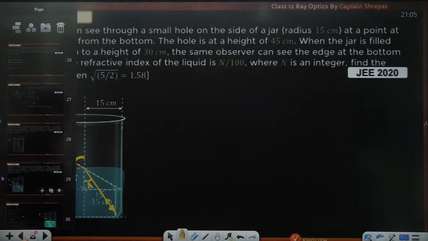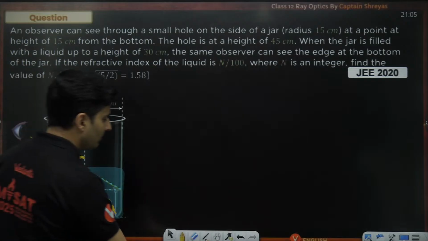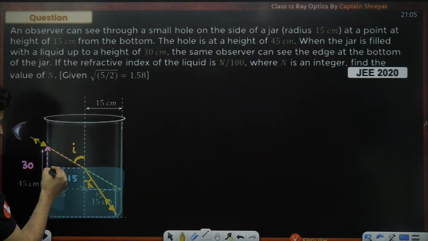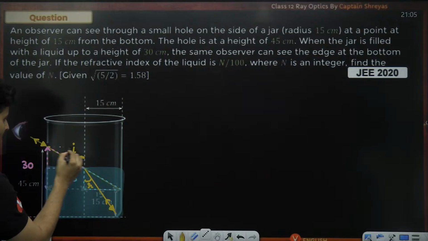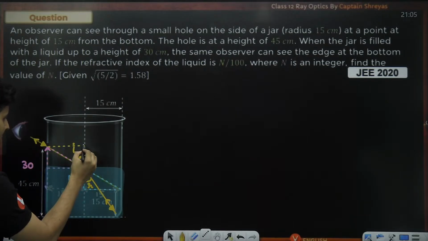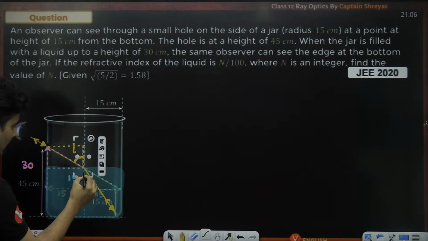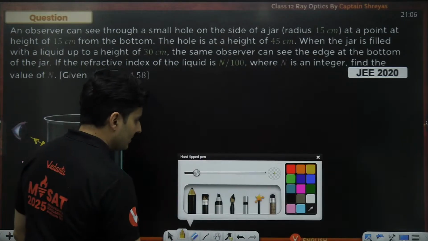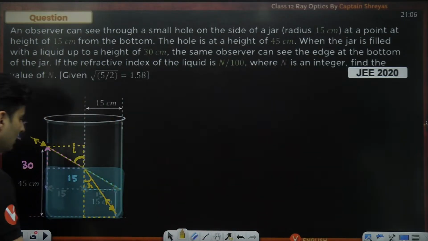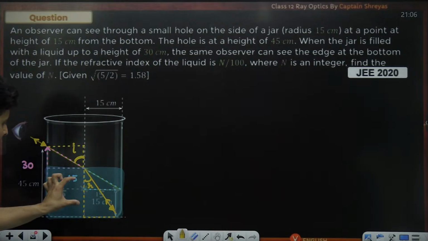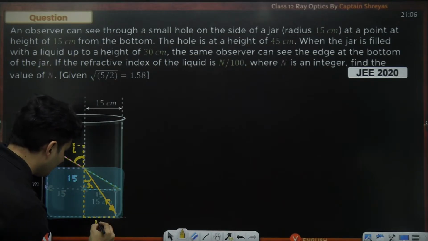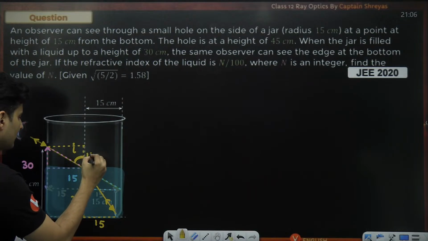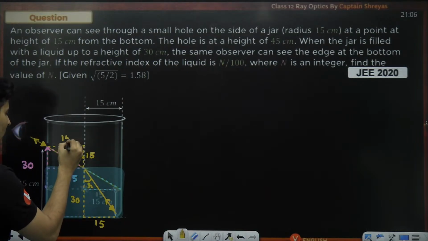Now how much these angles are, we can find out, not a big deal. See guys, if this is 15, I can construct one triangle like this over here, and another triangle like this. Now it becomes easier to see. If this is R, this side length is 15, this side length is 30, here this is 15, and this is also 15.